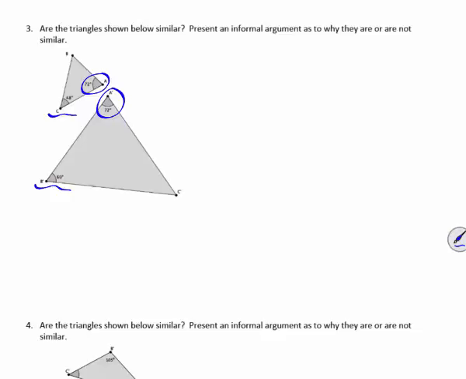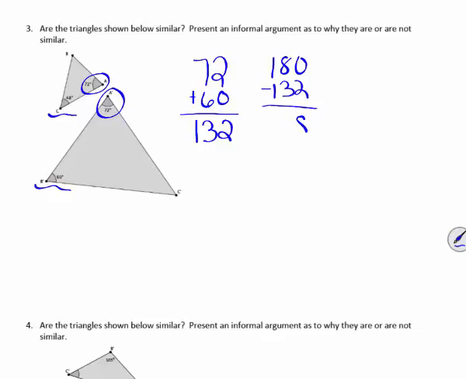So I know in a triangle the angles have to add up to 180 degrees. So I'm going to do 72 plus 60, which is 132. And I'm going to subtract that from 180, which gives me 48 degrees. So I know C prime is 48.